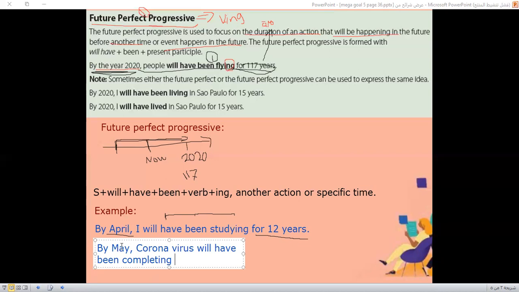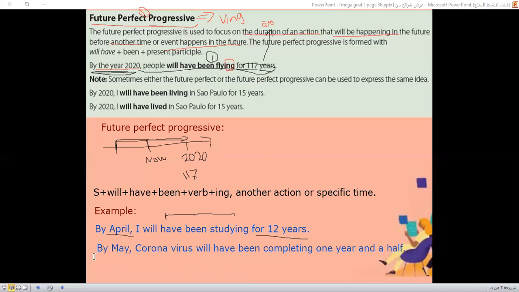Completing what? A year and a half. By May, coronavirus will have been completing 1 year and a half. Very good sentence. Yes, it is correct.